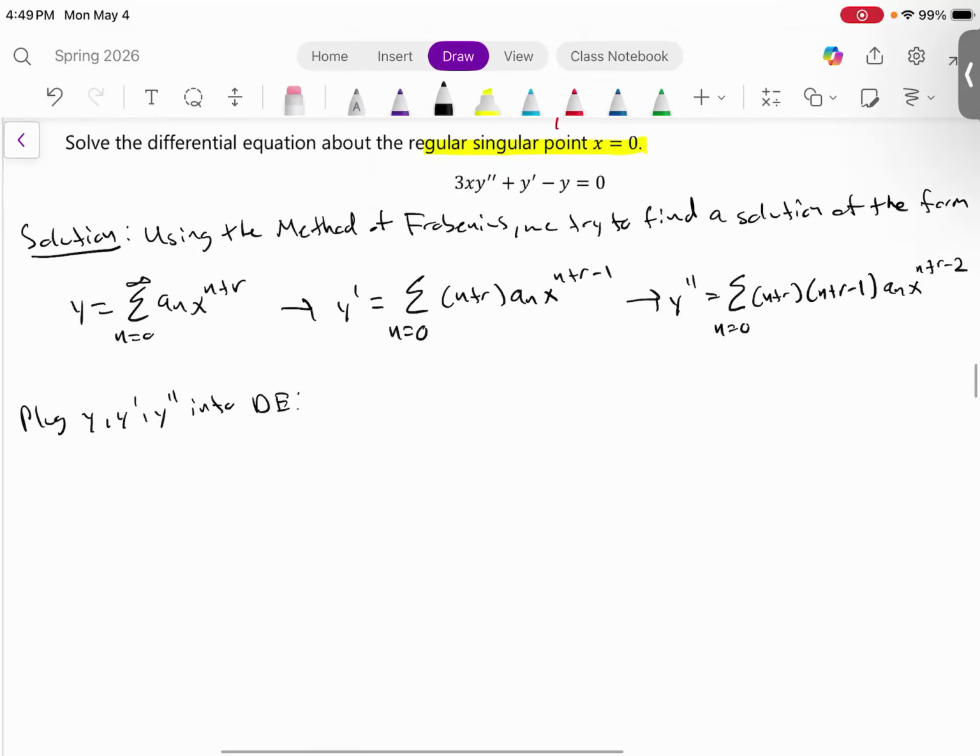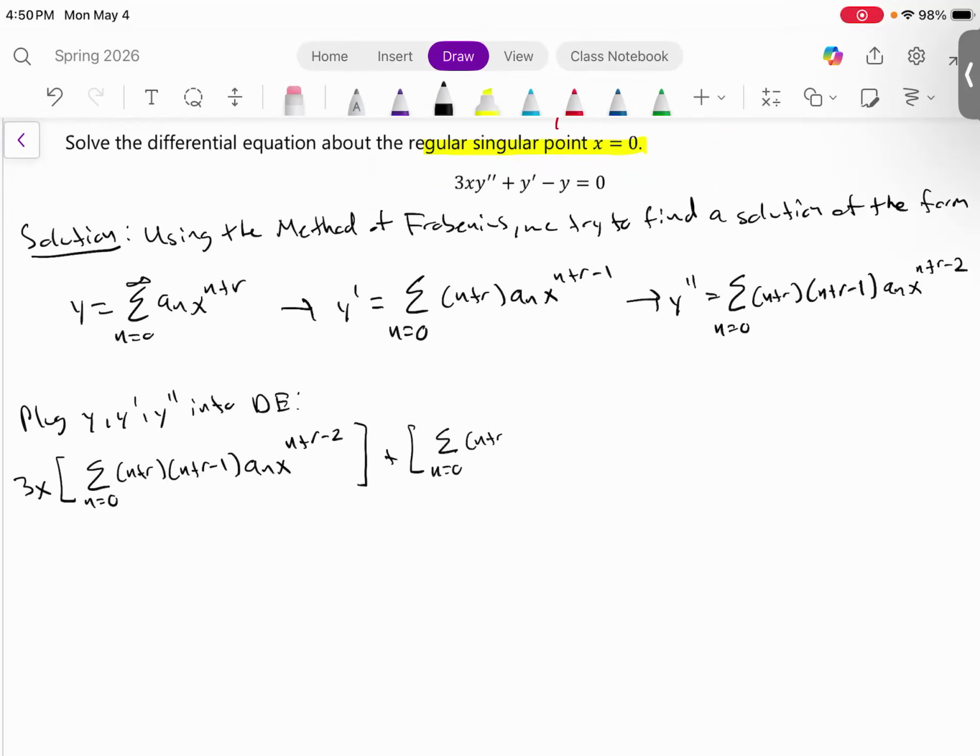All right, so what we would have is 3x times the power series n equals 0, n plus r, n plus r minus 1, a sub n, x to the n plus r minus 2, plus y prime, which is the power series n equals 0, n plus r, a sub n, x to the n plus r minus 1, minus just y.